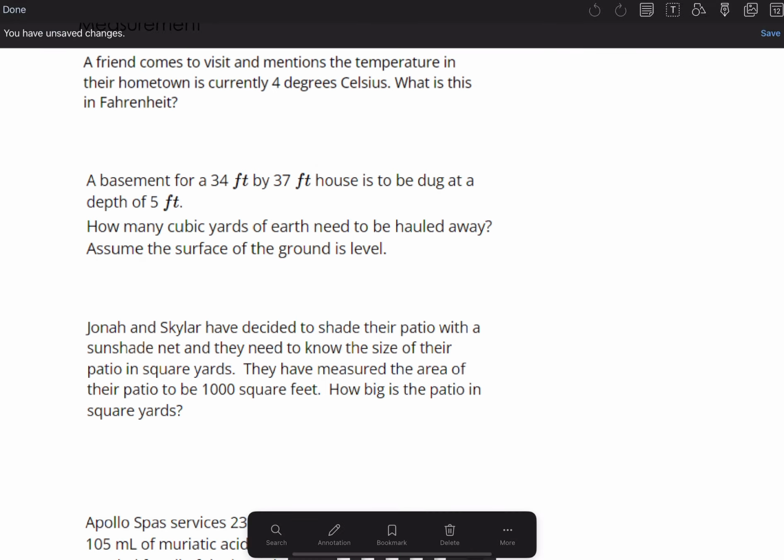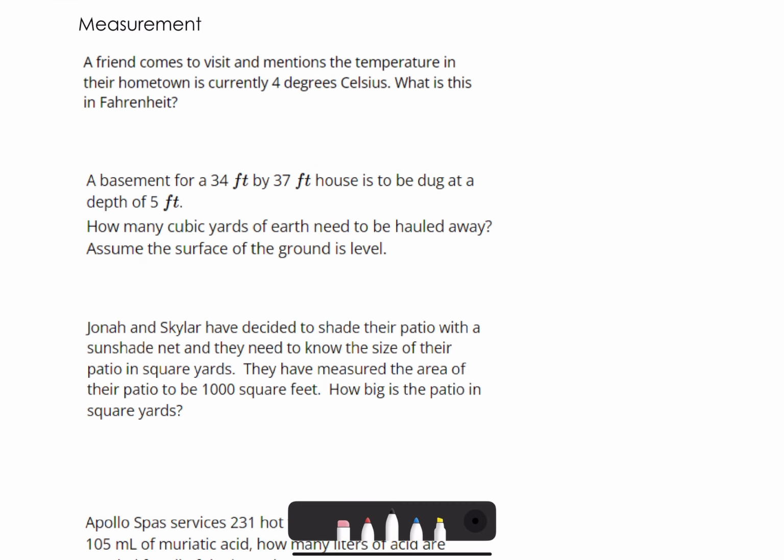Okay, next is measurement. So the first one is asking about temperature. And we want to find Fahrenheit. And we're given Celsius.